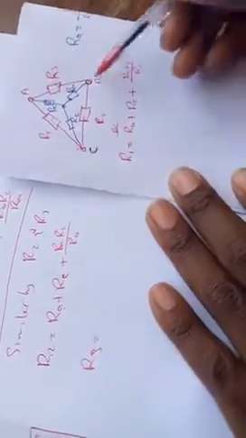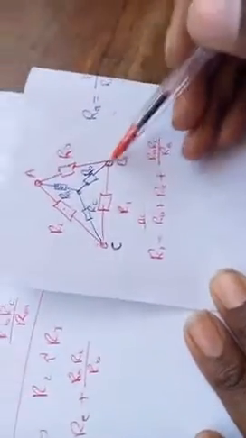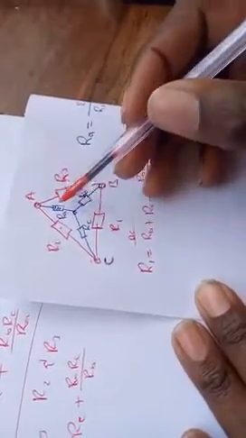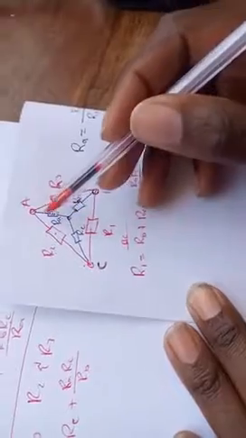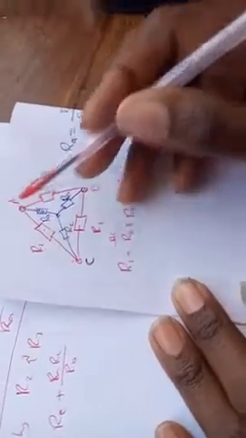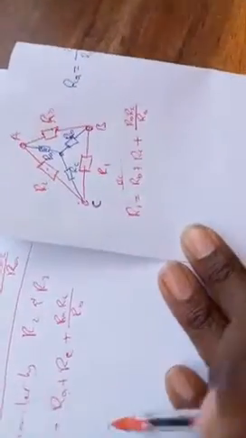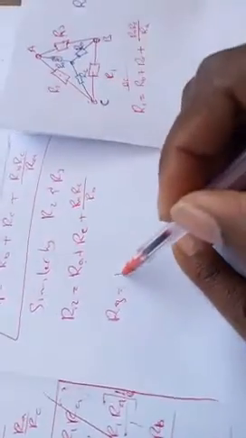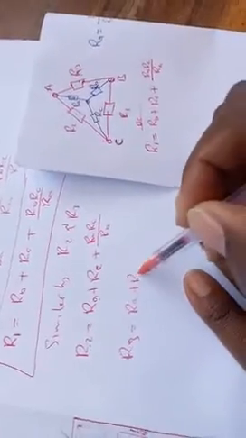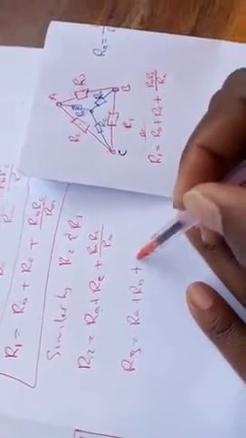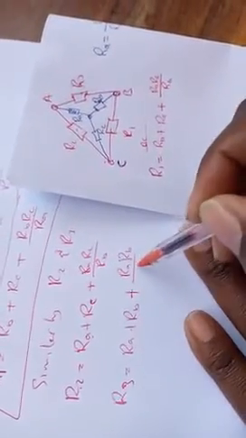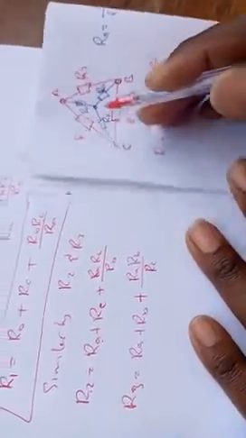R3 is this one, connected to terminal A and B. So supposed to get these resistors of the star which are connected to A and B. So it's RA and RB. So it will be RA plus RB plus the product of the same over RC.